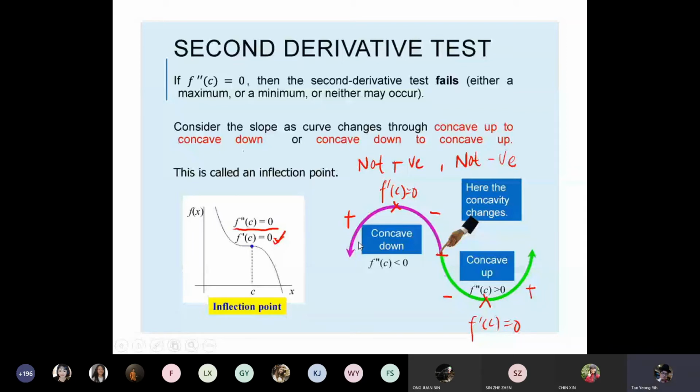Now, how many types of inflection point can it be? It can be like this. One type, this point is the inflection point.